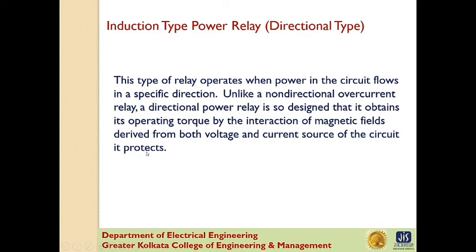Thus, this type of relay is essentially a wattmeter and the direction of the torque set up in the relay depends upon the direction of the current relative to the voltage with which it is associated.